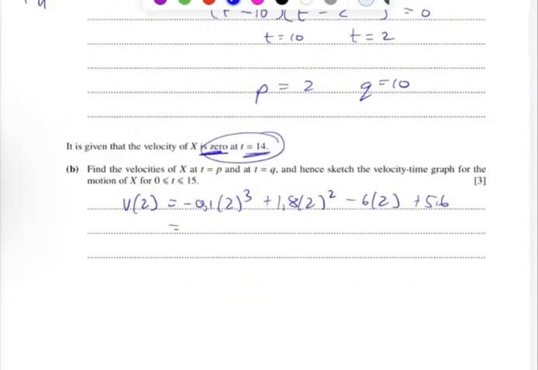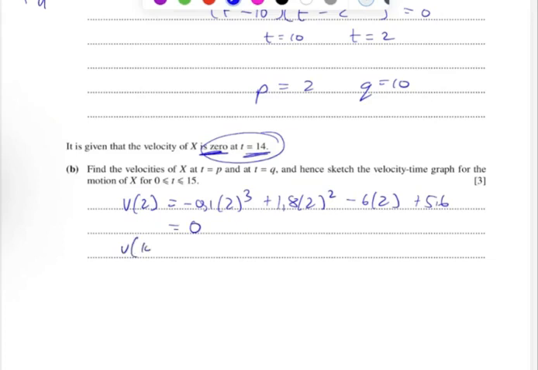Okay, what is that? Okay, that is equal to 0.